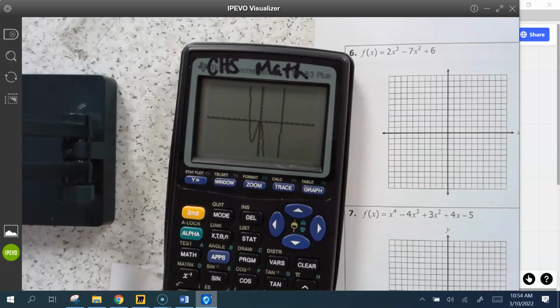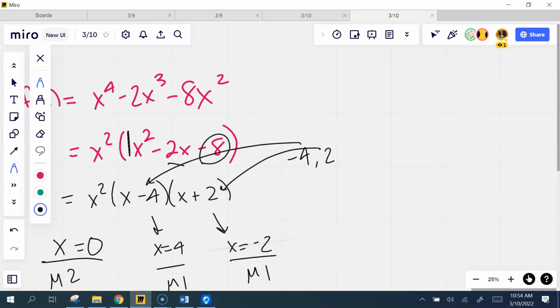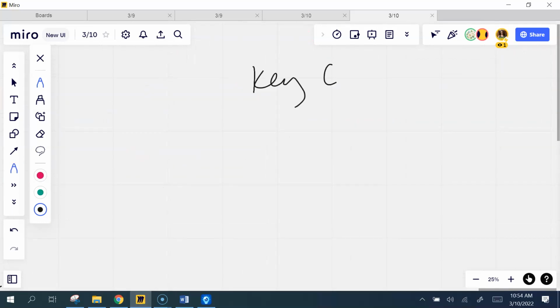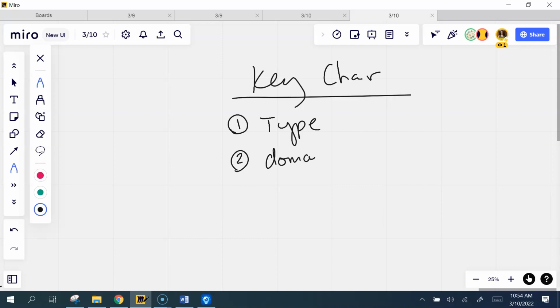But what you do want to note for each one of these, and let me write it out for you to be a little easier. You don't have to, but you want key characteristics. So key characteristics include, if you just want to list them: 1, the type. What does type mean? Cubic, quartic, quadratic, that kind of thing. The domain. It's everything we've done, but added multiplicity to it too. It's listed up here, but it's in paragraph form, so I was just showing you what all you have to do.